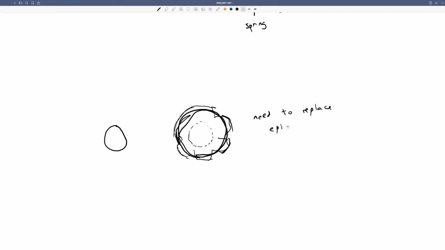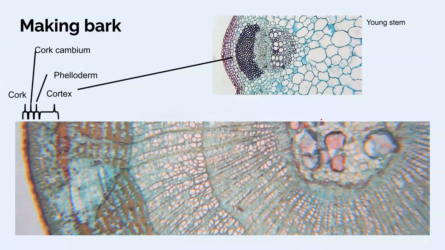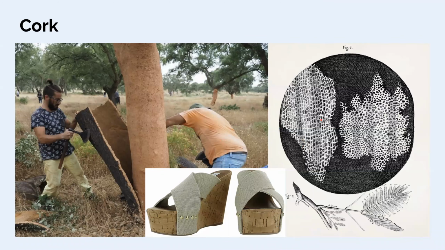So it doesn't replace it with more epidermis, but it kind of replaces its function with the function of the bark. So the bark comes in and is now a thicker, more durable, wider protective layer, and it's built by that cork cambium that is able to grow and expand. So being able to expand the protective layer means that it can keep getting wider as the stem gets wider.